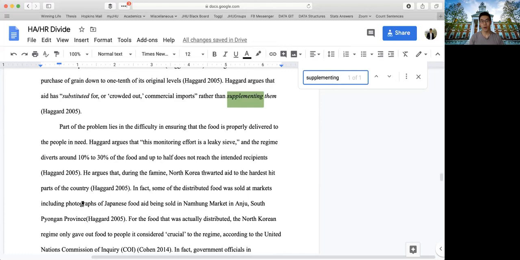Supplementing them. I'm going to change italics back to normal because it's not really that important.